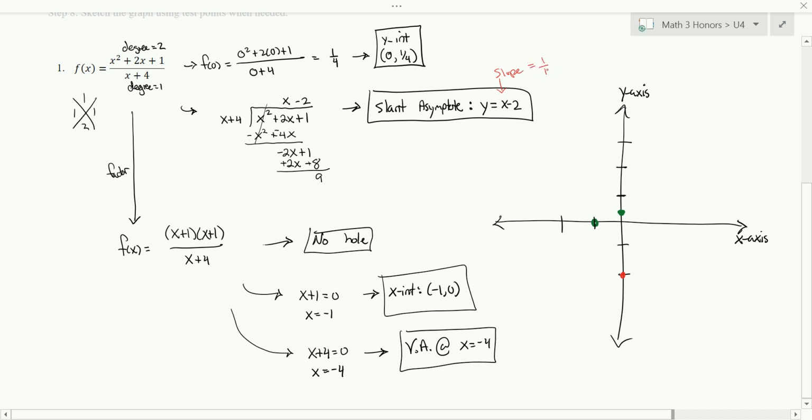And so from my y-intercept, I'm going to go up 1, right 1, and continue that. So we have a slant asymptote, something like this. And label that. And we have a vertical asymptote at x equals -4.